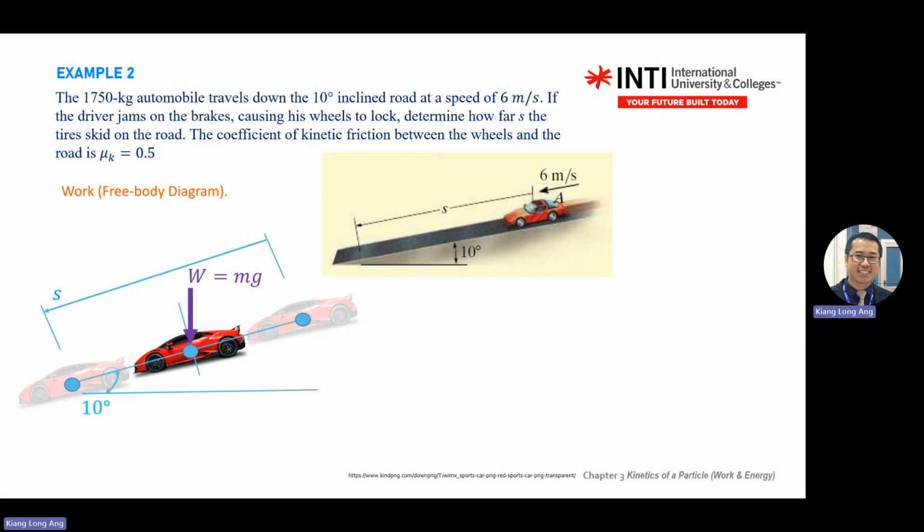So W always goes down, 10 degree. There's a contact surface with N. Again, N doesn't create any work, but you need N to find what? Friction force. Okay, where's the direction of friction? Opposite the motion. Draw all this.